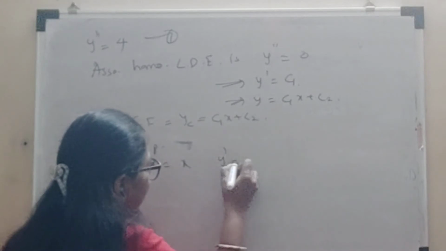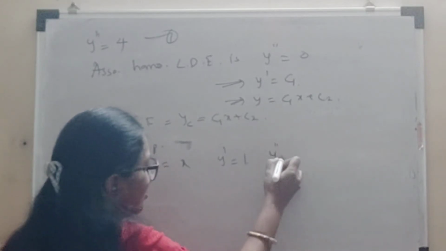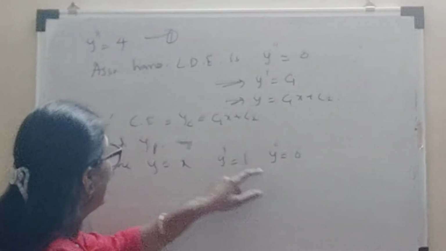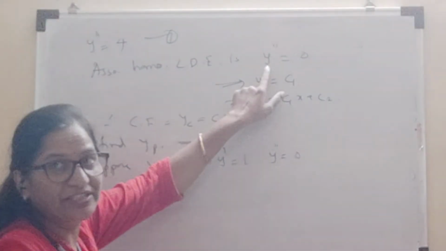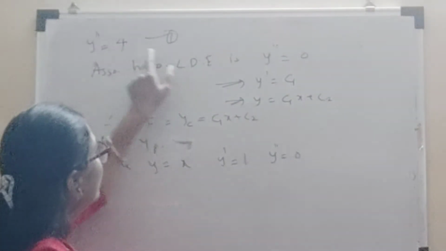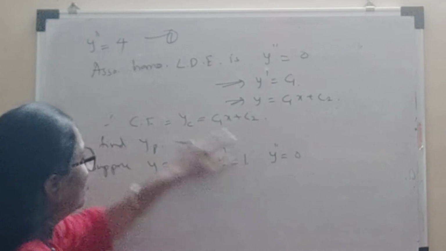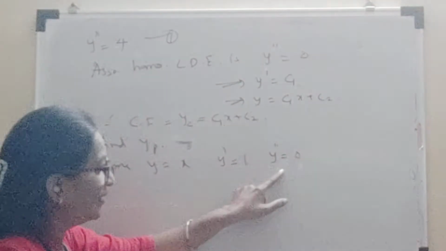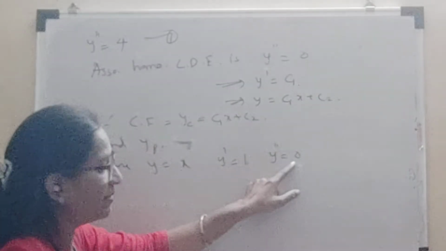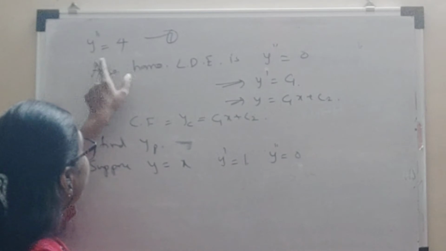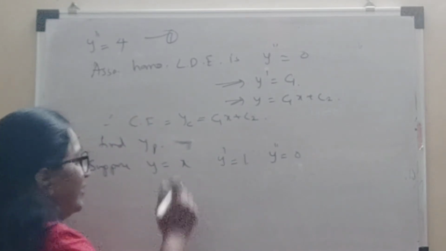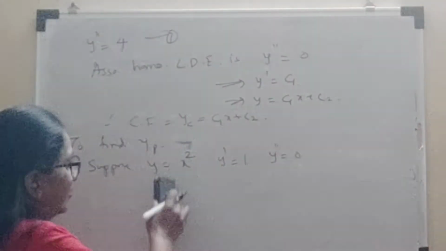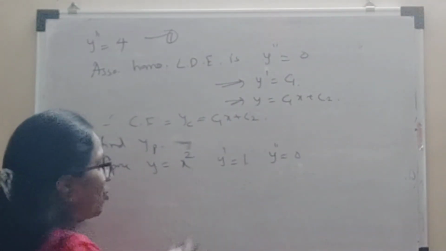Then y prime is equal to 1 and y double prime is equal to 0. So it satisfies the homogeneous part of this differential equation but not the non-homogeneous part, because y double prime over here I am getting 0 and over here a non-zero number. So when such a case arises, that is, y double prime is 0 and in the given differential equation it is non-zero, then we just raise the degree of x.